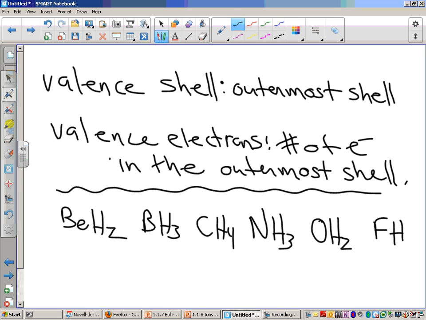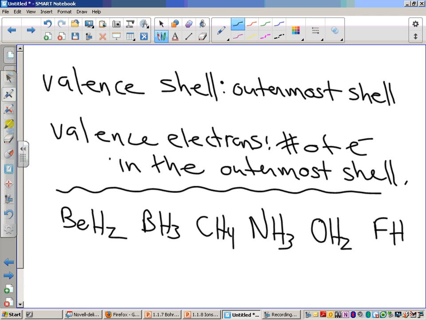And so this power to bond was given the name valence. It means power, right? The power to bond. We now know, because of the theories of electrons and protons and neutrons, that this bonding power comes from the outer electrons.